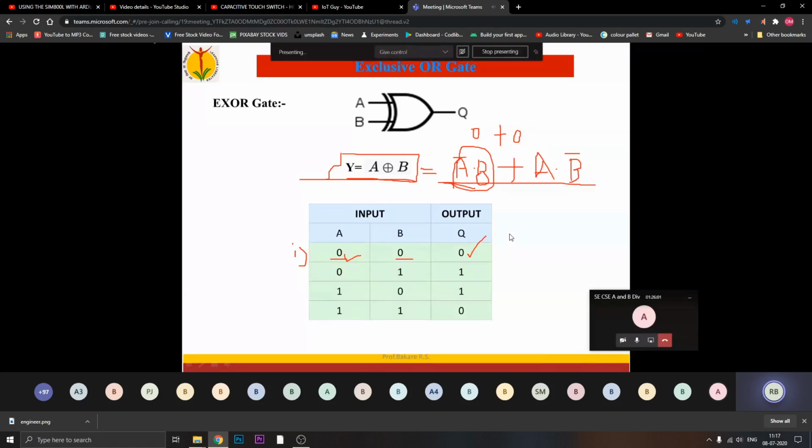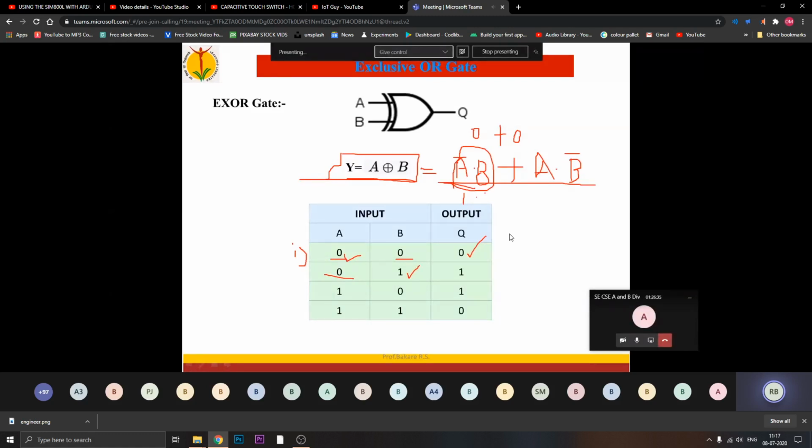Yes, sir. Okay. Now see, similarly, when I kept 0, 1, that means now the A value is 0 and B value is 1. How we got 1? Now, A is equal to 0, that means the first term, A complement forms 1, into B, its original value is 1.